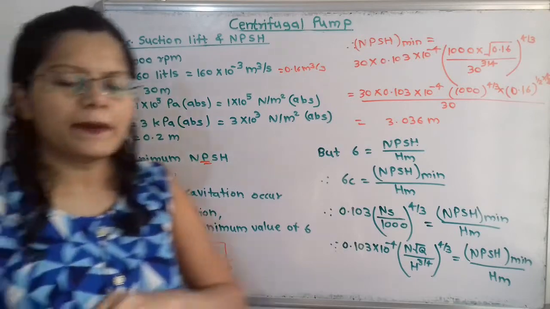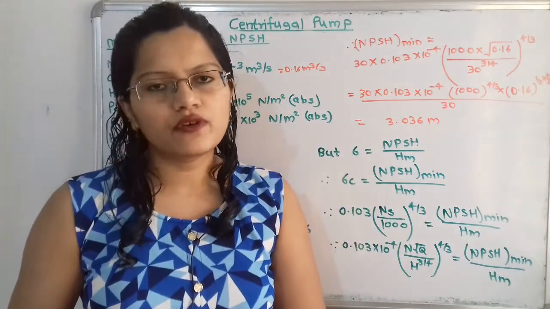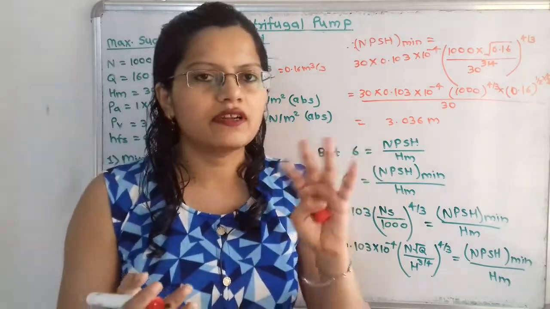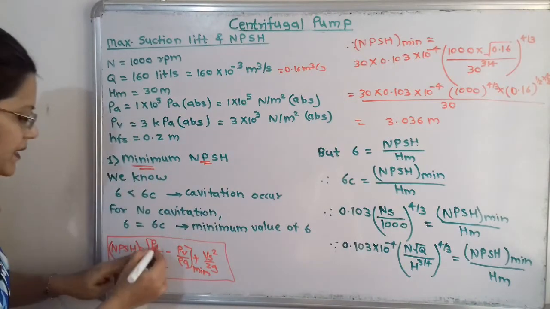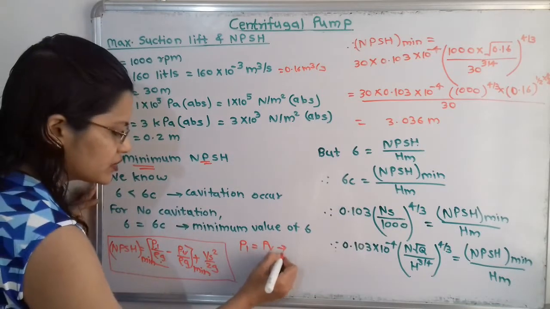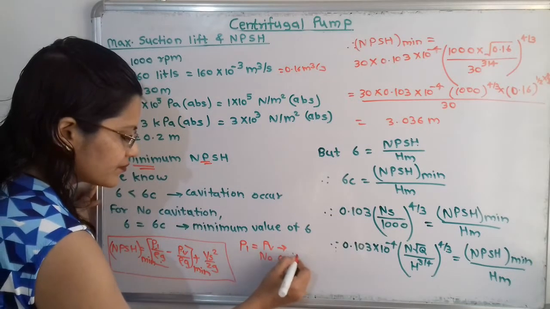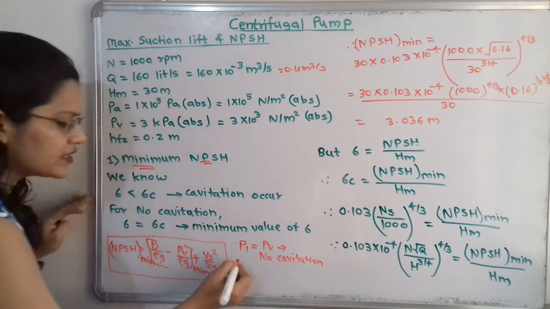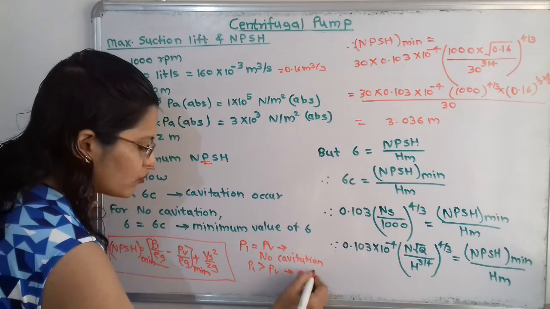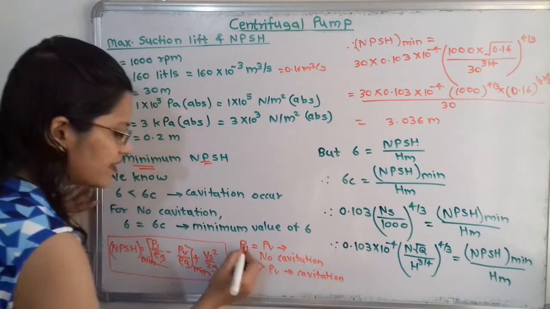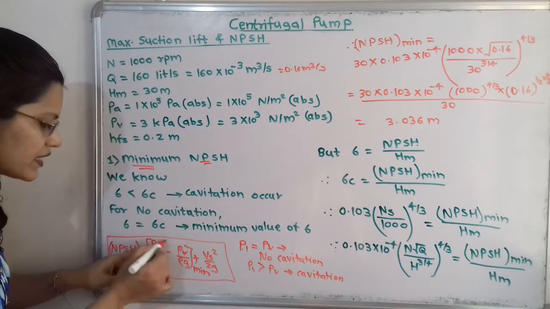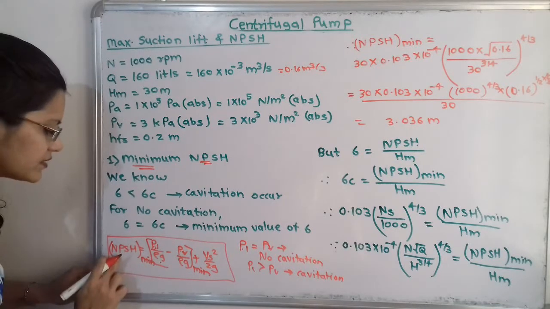For the maximum suction lift, we consider P1 by rho g, the pressure head at inlet. When this pressure at inlet P1 is equal to Pv, then there is no cavitation. And when P1 is greater than Pv, then there is cavitation. So we have to maintain for the maximum suction lift P1 equal to Pv. When P1 becomes equal to Pv, this difference will be 0, and then we will get NPSH minimum.